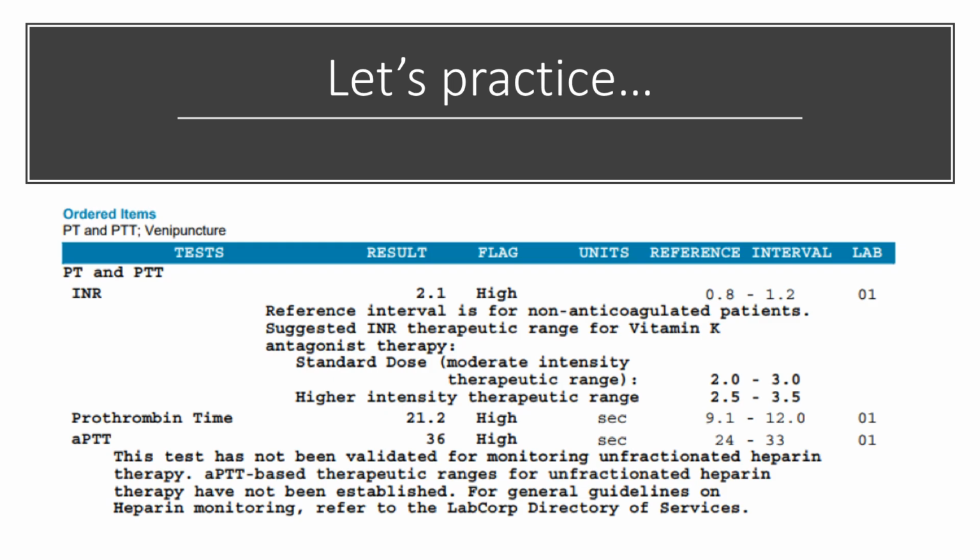So in this lab, it's going to say that all of these are high, which means it's high compared to what the normal for someone not on an anticoagulant is. So our INR is 2.1. It shows the norm range there. We said that if someone is on an anticoagulant, usually we want their INR to be between 2 and 3. So our patient on an anticoagulant, this would be normal for them.